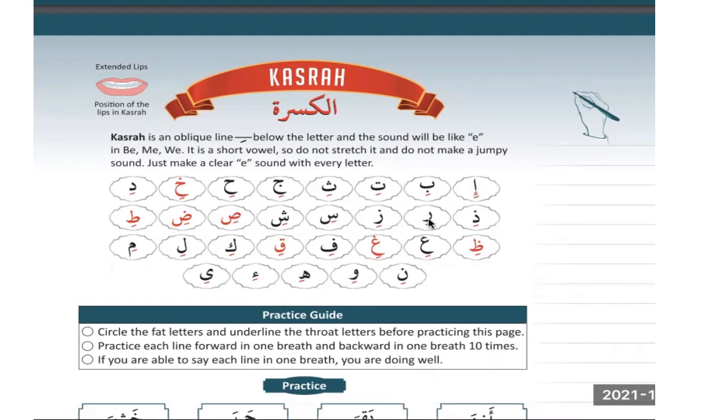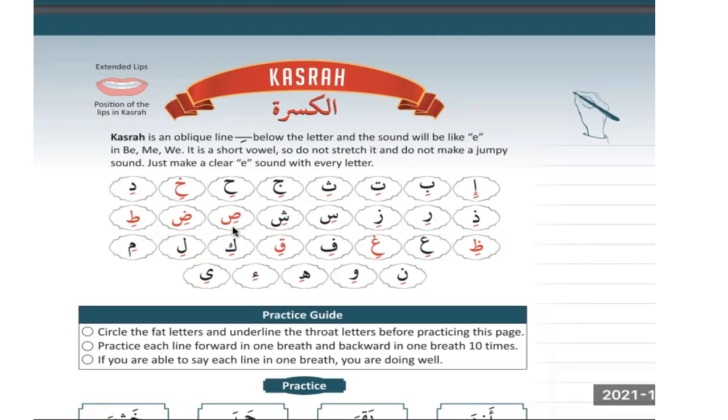Look at it. When I say ra, it's heavy. But when I say kasra, I make a re sound. Ra, kasra, re. Za, kasra, zi. Sin, kasra, si. Shin, kasra, shi. Sod, kasra, si. Dod, kasra, di. To, kasra, ti. Don't say toi.